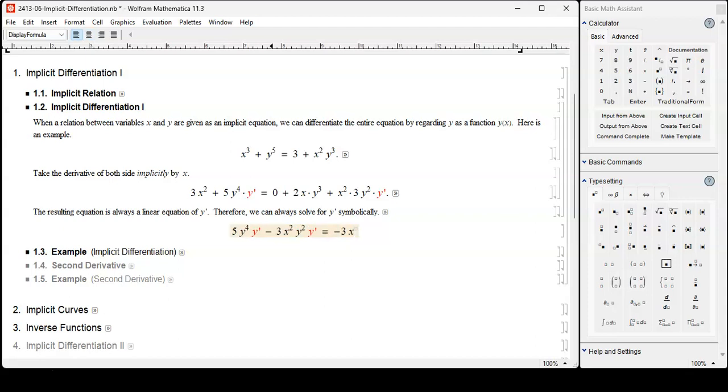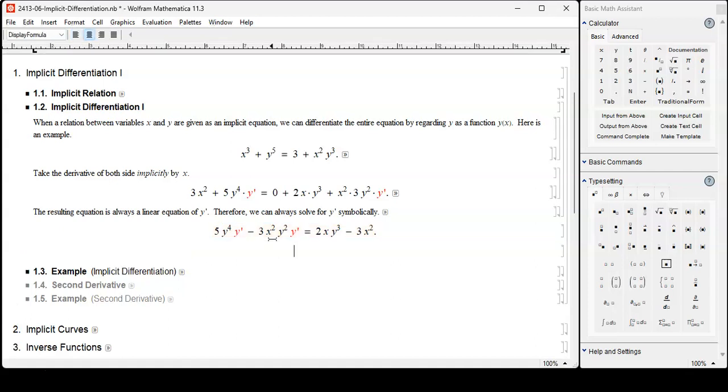So negative 3x squared plus 2x y to the third power. Let's write it like this. I don't like to have too many negatives flying around. Okay, all the y prime on one side, everything else to the other side. Now factor y prime out.